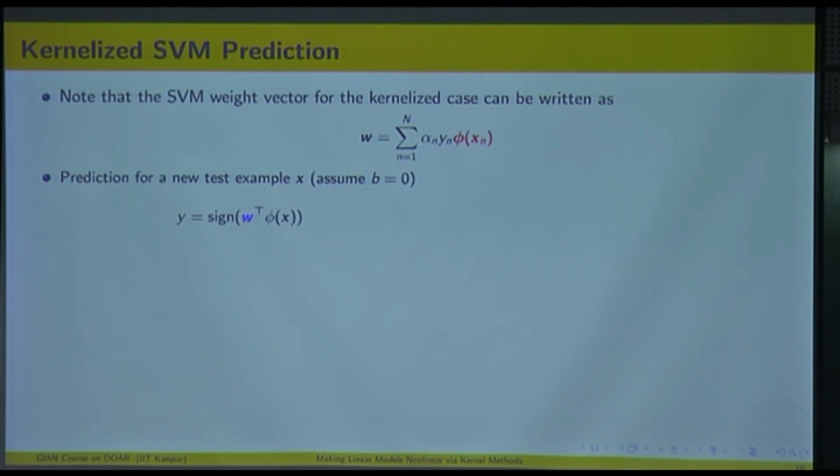Now it seems like I have to map x via phi first, but that's not the case, because I already have w in this form. What I'm computing here is just w transpose phi of x. I'm simply plugging in the definition of w, and then taking this inner product with phi of x.